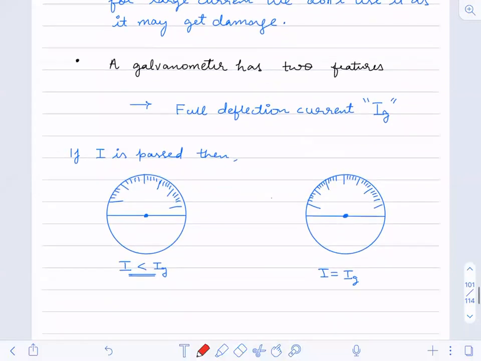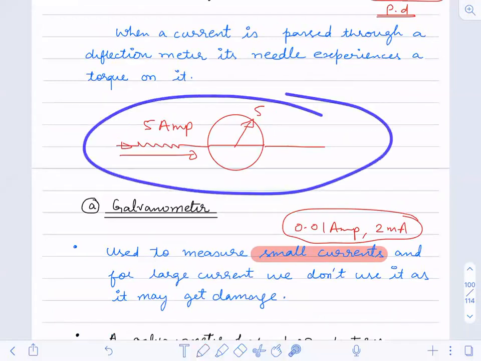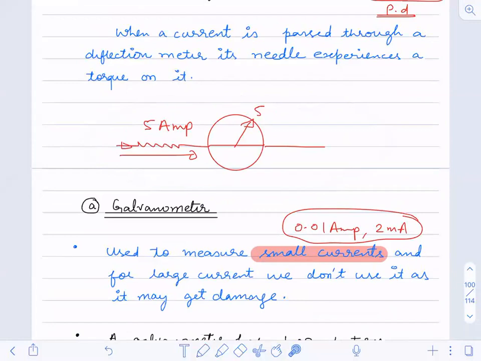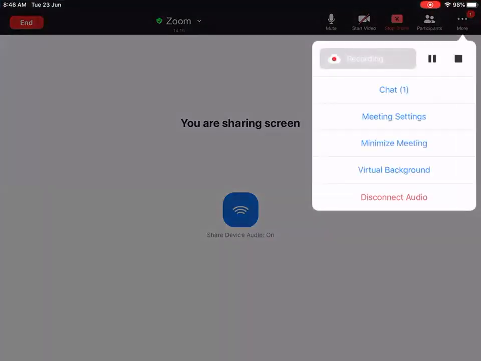Let's suppose I'm passing a current and it gives me a reading 5. Now you tell me whether this needle has been deflected full or half.